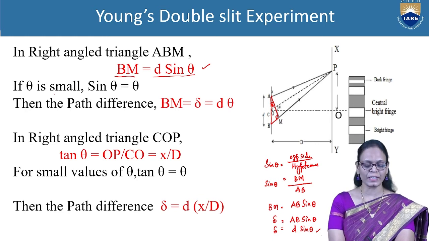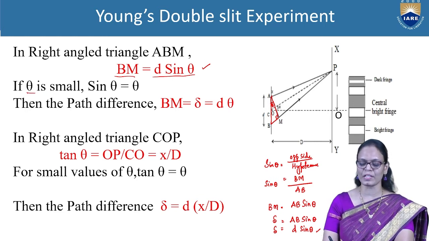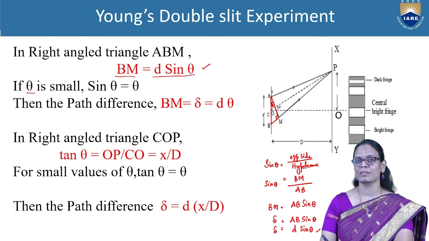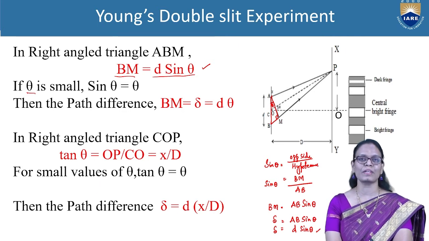Now, if theta is small, this angle obviously is very small, because the two slits A and B are placed very close to each other. They are separated by a distance of 0.3 millimeter. So the angle will be very small.